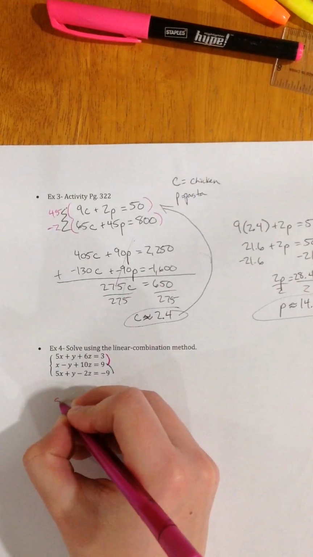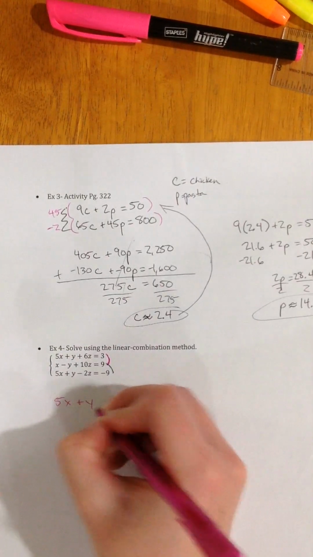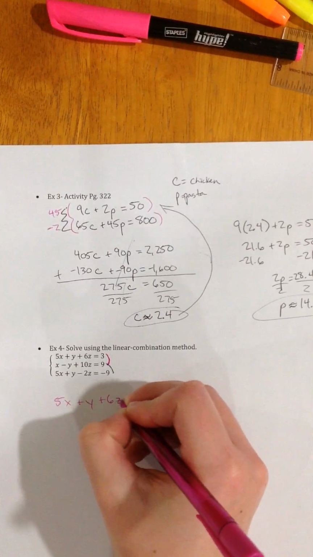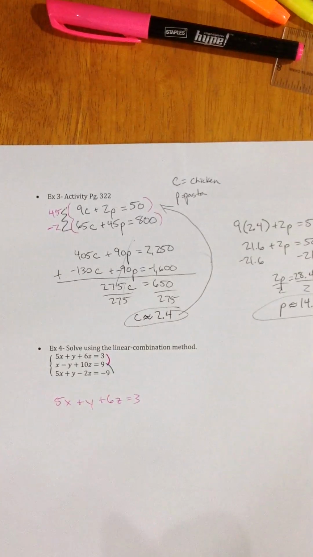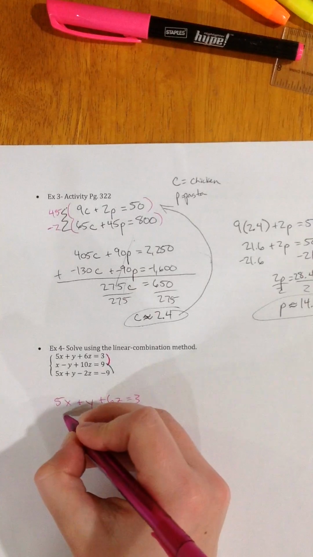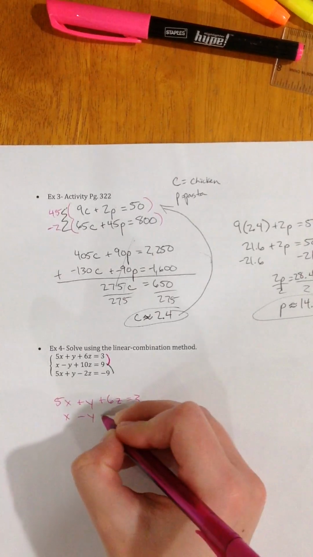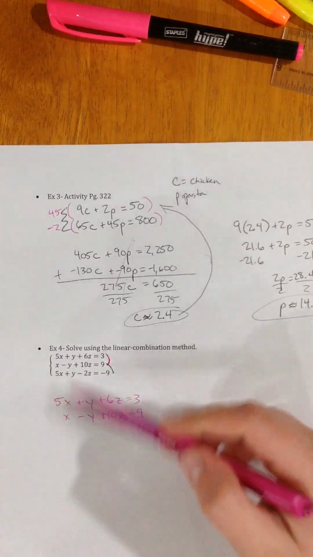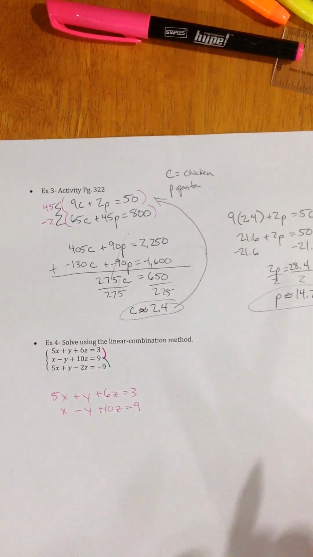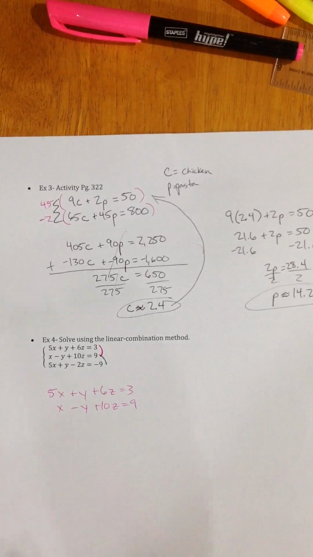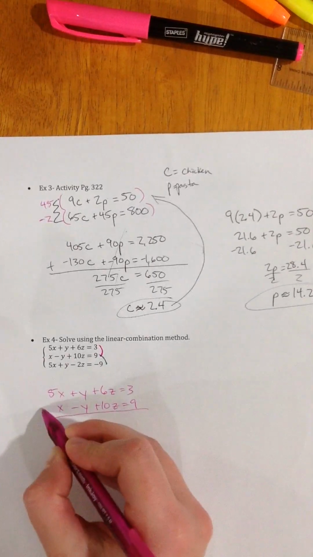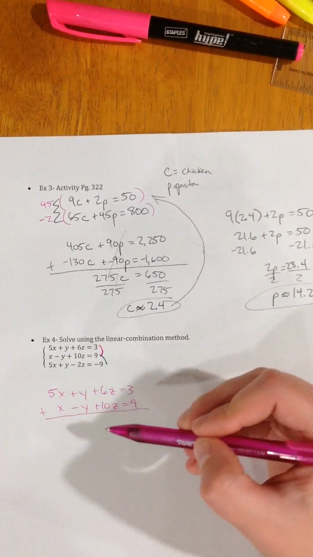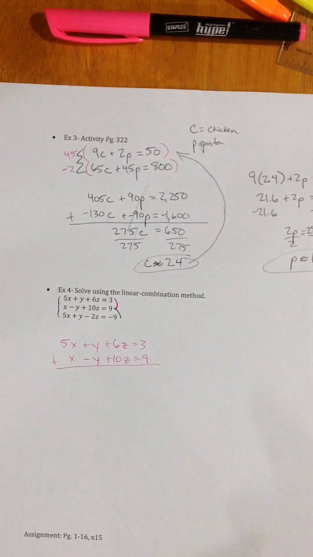So I'm going to go 5x plus y plus 6z is equal to 3. And I'm going to combine that with my one that's x minus y plus 10z is equal to 9. Okay, so everything's lined up, so I'm good to go there. And what's nice about this is those guys are already opposites, so I don't even have to multiply by anything.